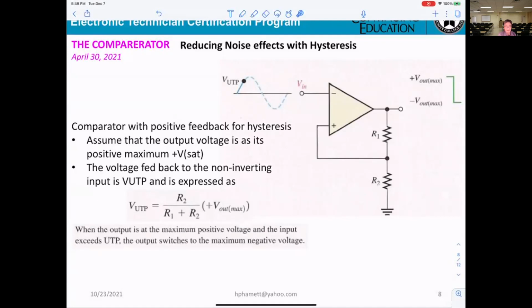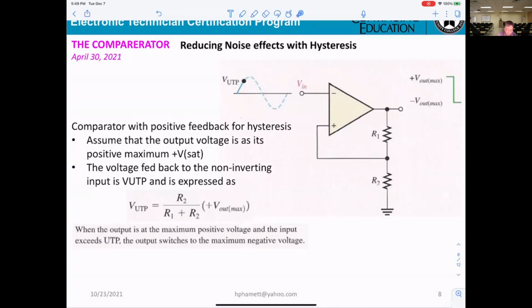The reason is they are adding R1 and R2. They try to make less noise, using what they call hysteresis. So the first thing they need to calculate is the upper trigger. That means what the voltage is supposed to be at the upper trigger.